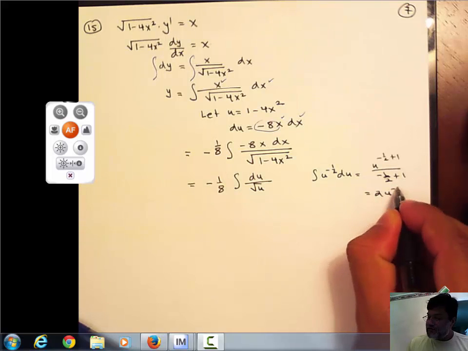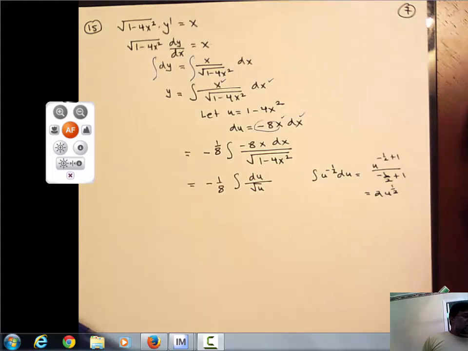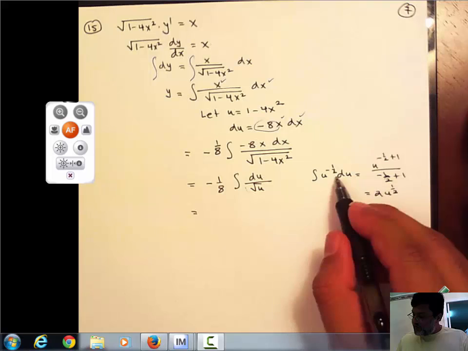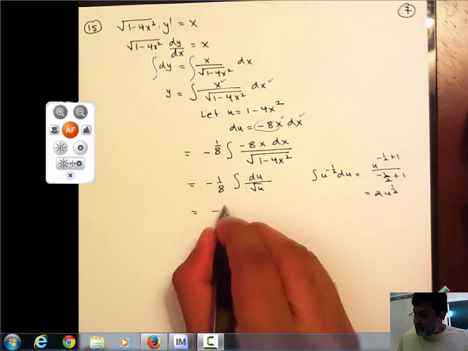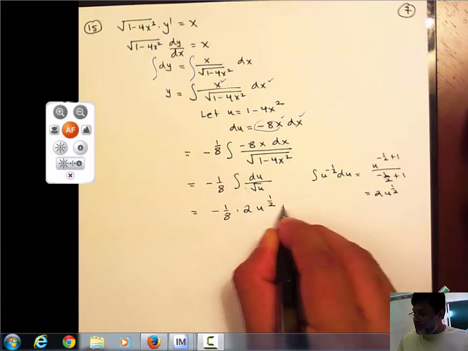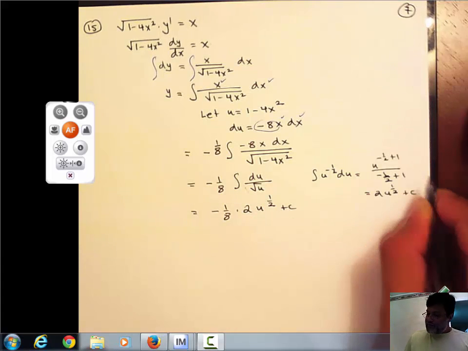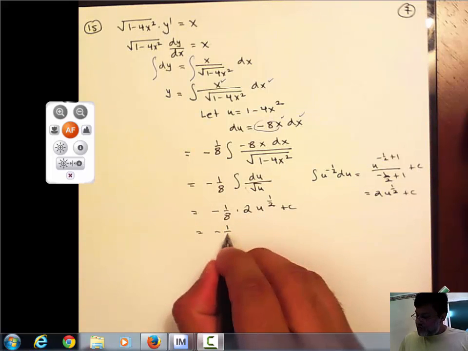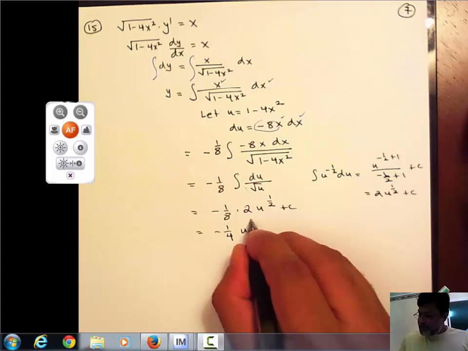We get 2u to the positive half. Okay, so integration of this, I turn into u to the negative half, so I got 2u to the positive half plus c, don't forget your c. So this is same as negative 1/4 u to the half plus c.